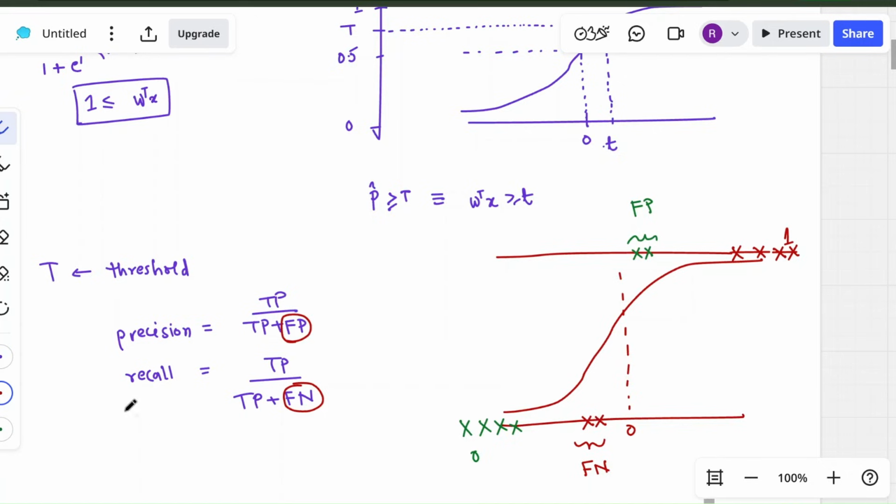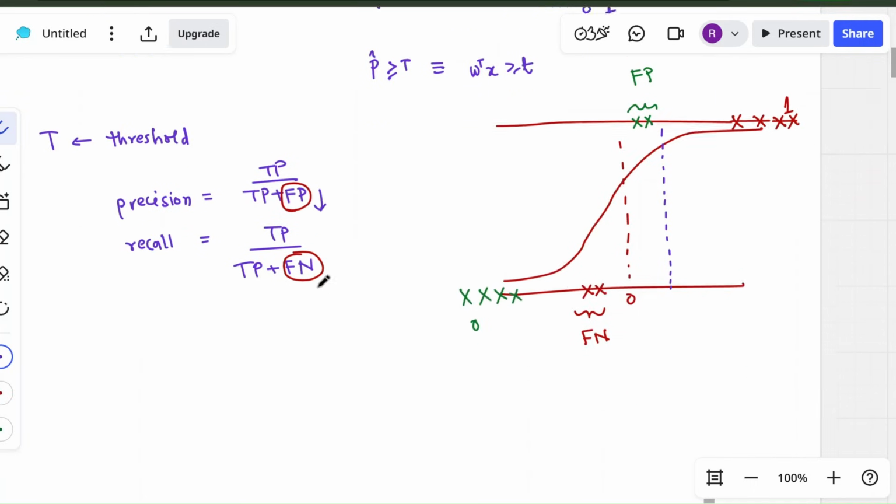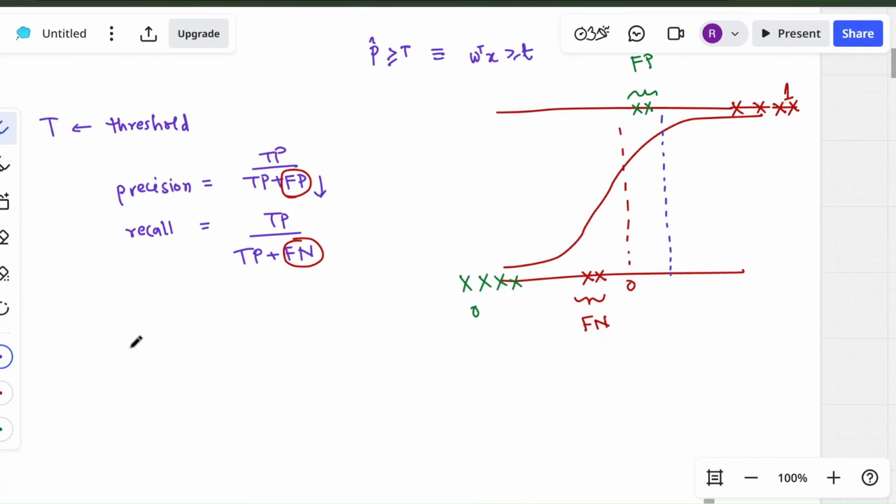So when you increase the threshold, let's say the new threshold is somewhere here, so you've crossed FP. So what has happened now? In this case, the false positives are reduced, right? So let me write it carefully.